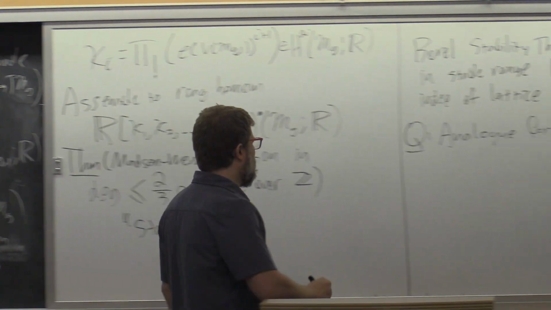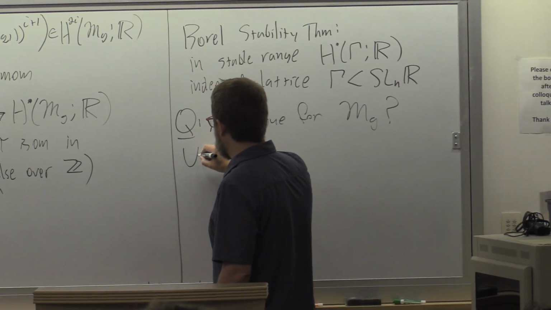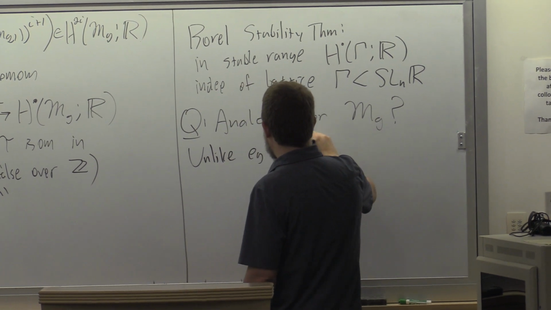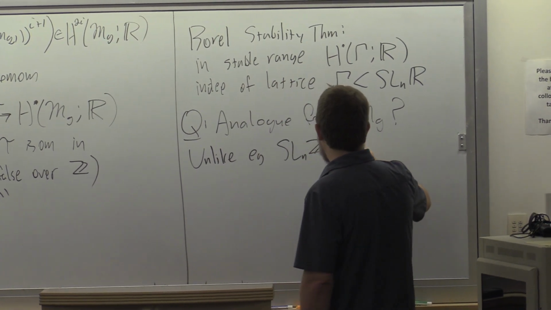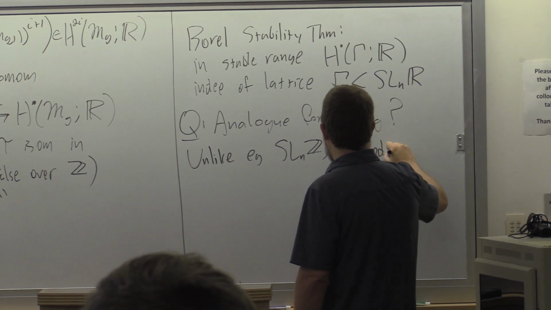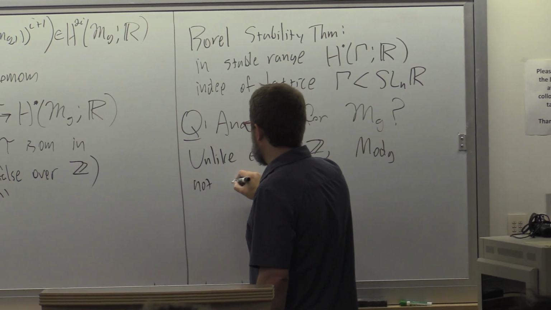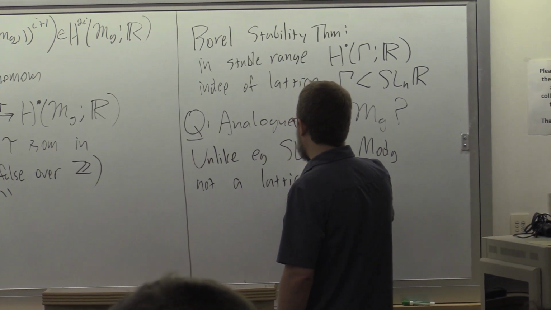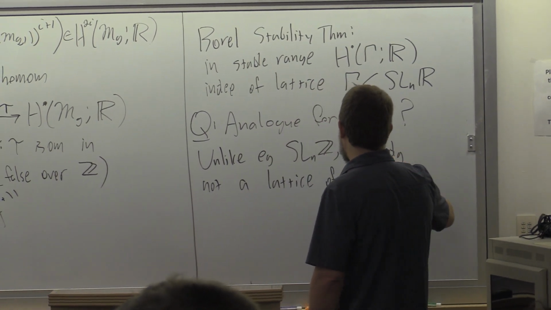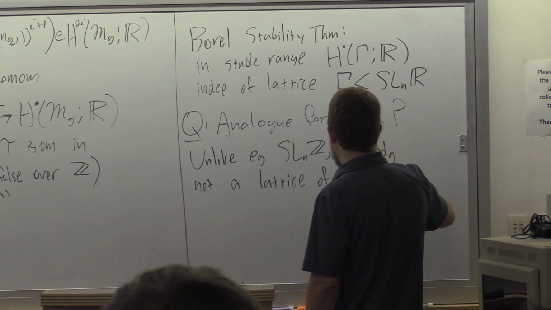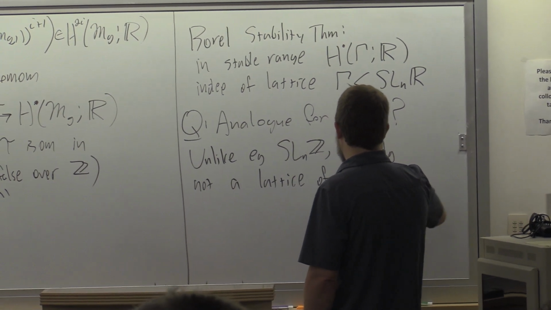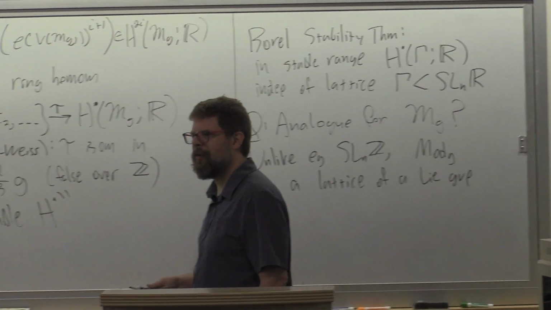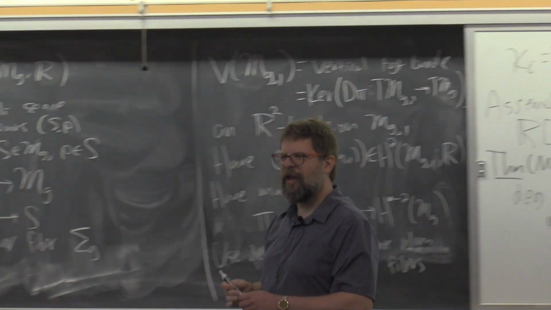Unlike the mapping class group, or even a discrete subgroup of any interesting topological group, I'll just say Lie group, or any other sort of complicated topological group, it just isn't.